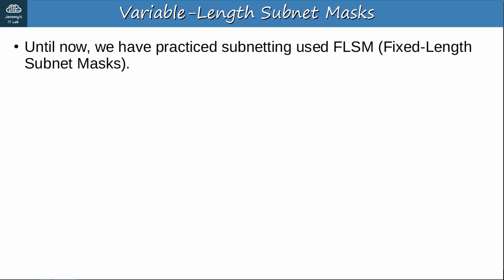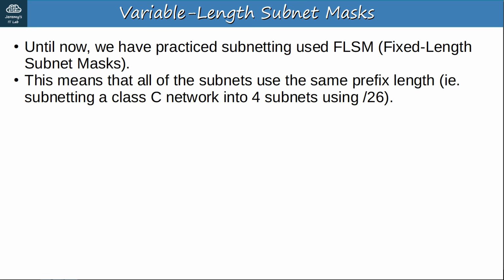So, let's move on to a very important topic, VLSM, which stands for Variable Length Subnet Masks. Until now, we have practiced subnetting using FLSM, Fixed Length Subnet Masks. This means that all of the subnets use the same prefix length. For example, subnetting a Class C network into 4 subnets using /26.